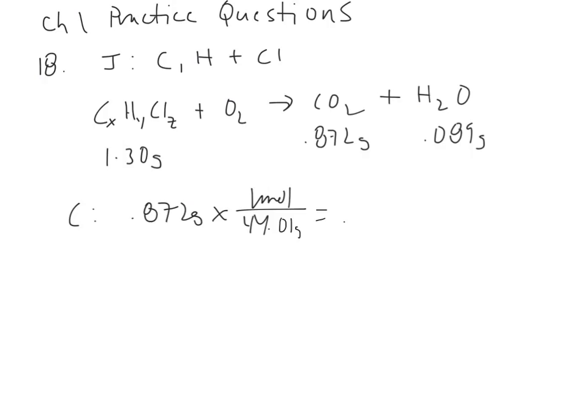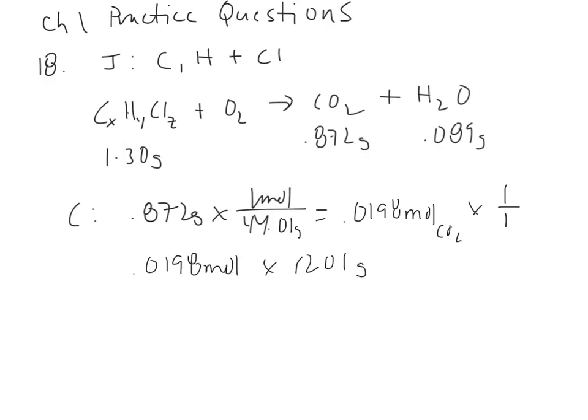So I have 0.0198 moles of CO2, which is also then my moles of C. And then if I want to change that back, I could take the 0.0198 moles of C times 12.01 grams for carbon. And what I really have is, out of that 0.872, I have 0.238 grams of carbon.